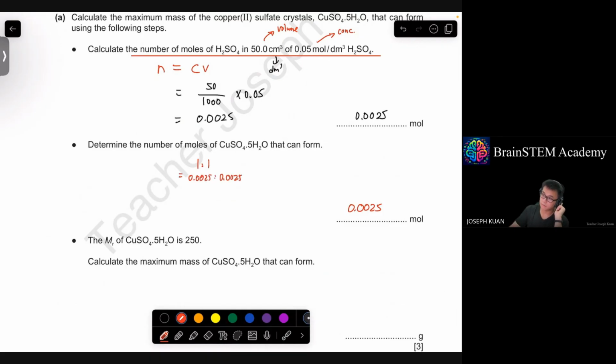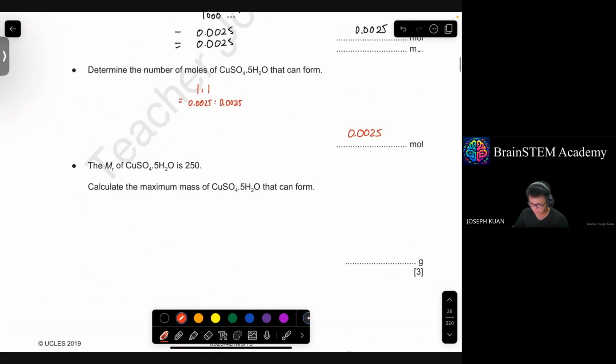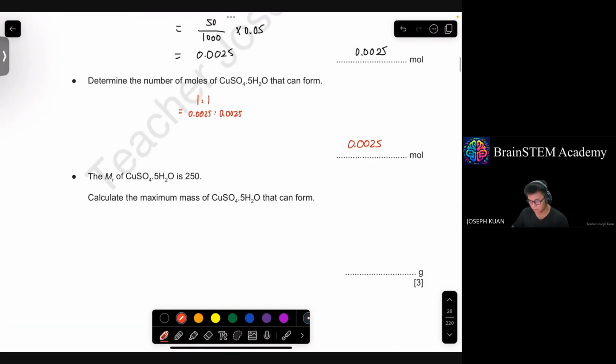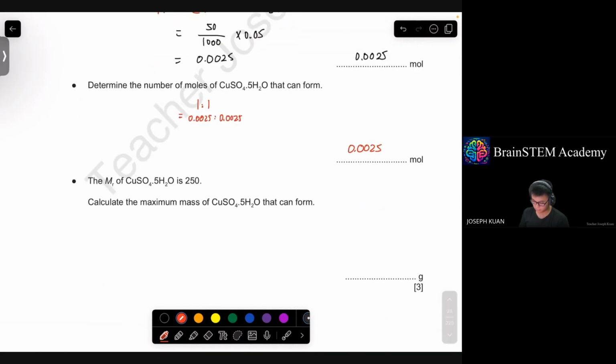Right, moving on to the next question. The relative mass of the hydrated crystal is 250. Calculate the maximum mass of this hydrated crystal that can form. This relative mass, essentially, you can use as your molar mass. So how can we find mass from moles and molar mass?